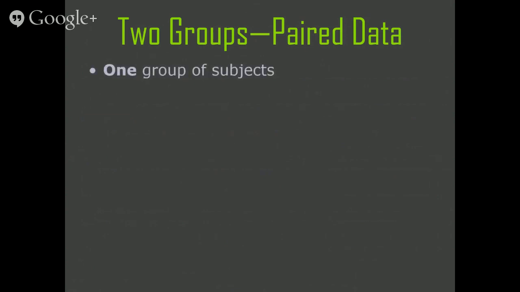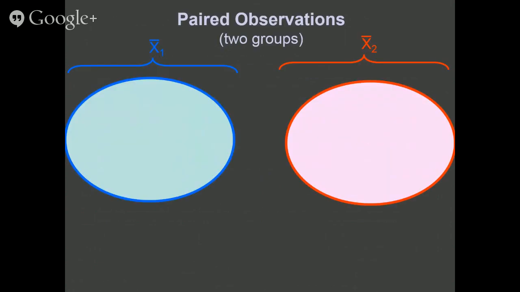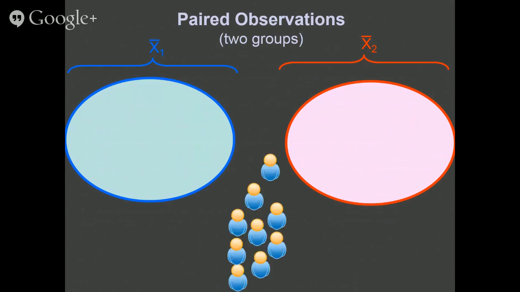With paired data, you have one group of subjects still, but now each subject gives you 2 measurements. As a result, you have 2 groups of observations. So you can have 2 groups, but they came from the same group of people. Those same 8 people, but each person gives you 2 observations. One example would be a study I did where I asked students both their ACT verbal score and their ACT math score.